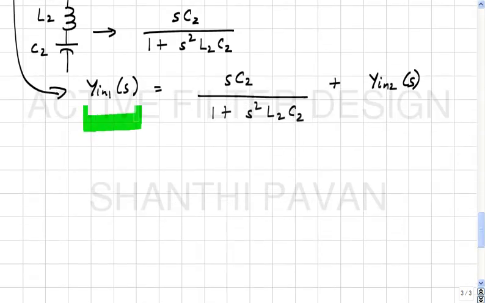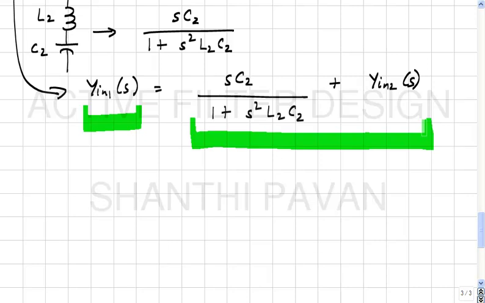If Yn1 of s has a pole at plus minus j omega z, and that can be decomposed into the sum of two things, right? So around s equal to plus minus j omega z, Yn1 will be tending to infinity, right?